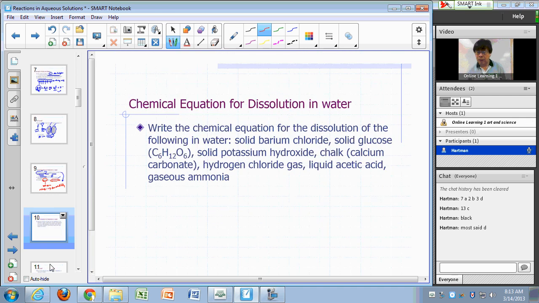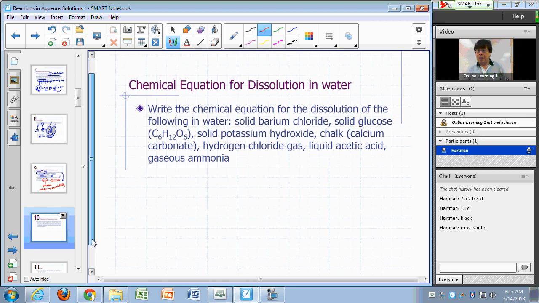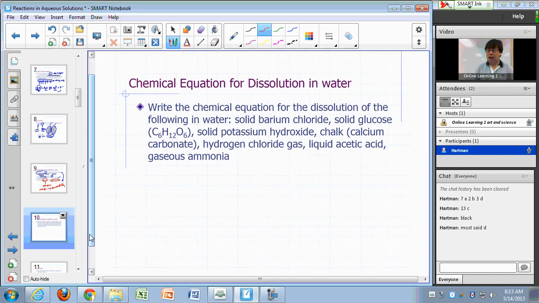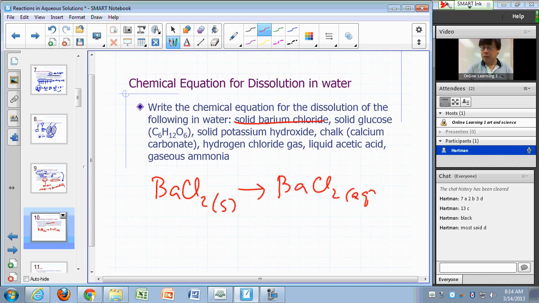Let me show you a few examples here. Write the equation for the dissolution of the following in water. Solid barium chloride. Then you say BaCl2 solid. If you put it in water, then you get BaCl2 aqueous. This is the molecular equation.